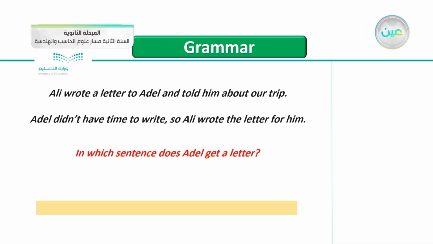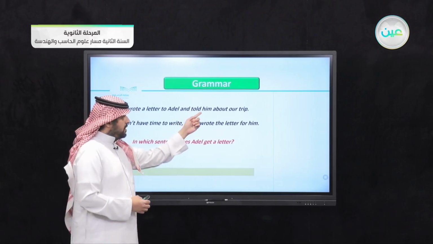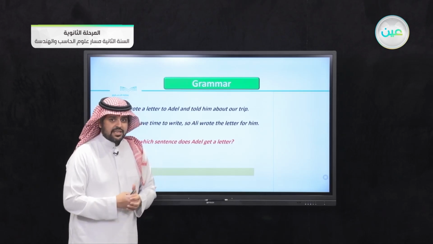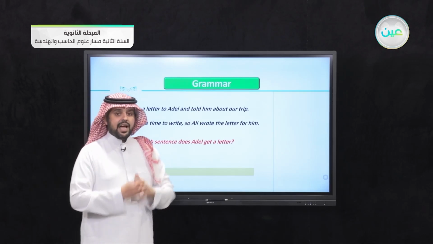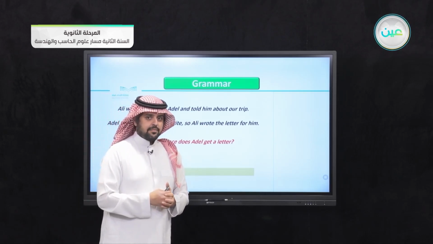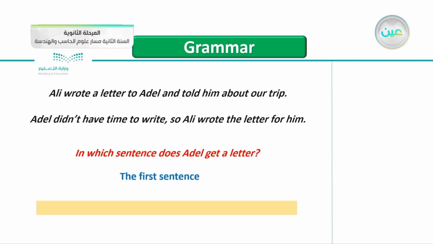In which sentence does Adil get a letter? So in which sentence, is it this one or this one? So the first sentence says Ali wrote a letter to Adil.